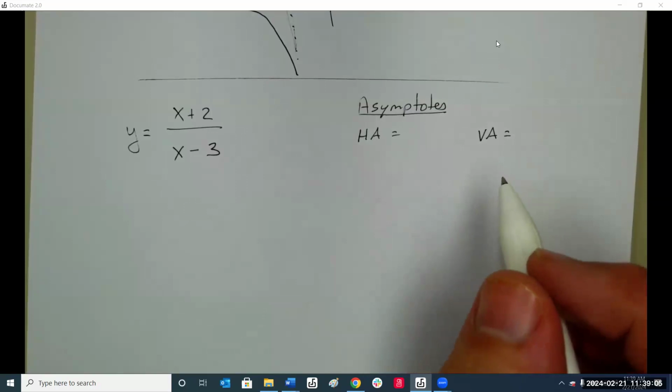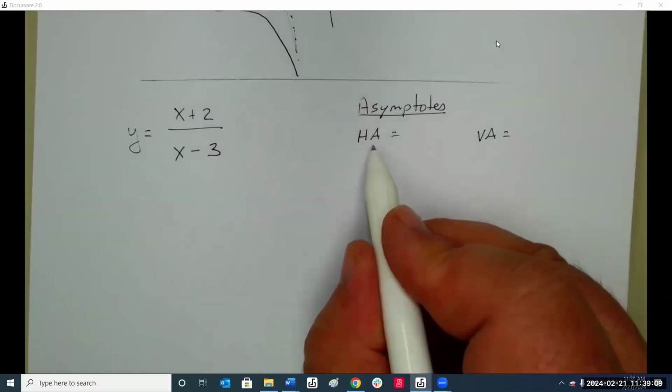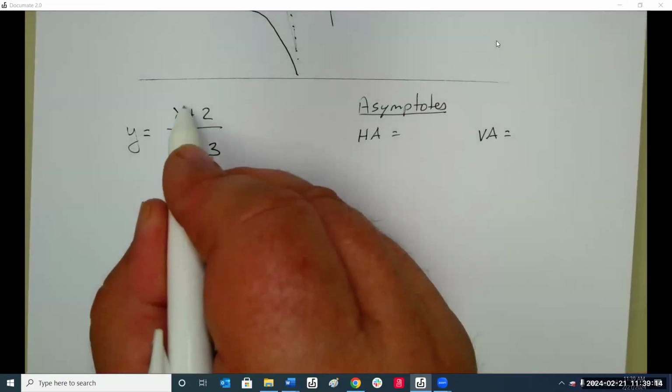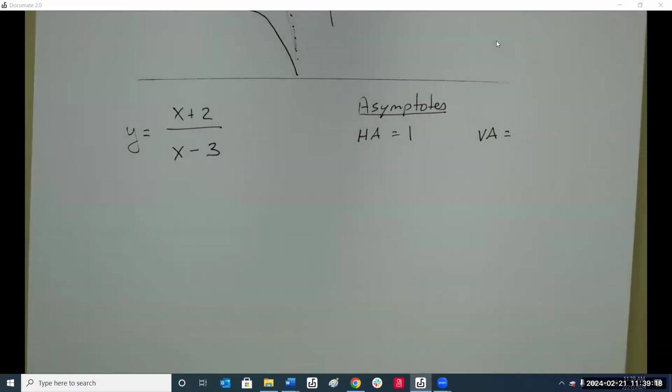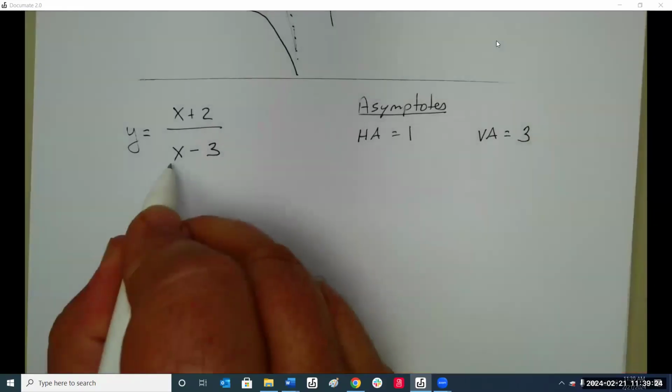So look at the asymptotes. Do we have a horizontal asymptote? Because the degrees are the same, it's the coefficients, so it's 1. Do we have a vertical asymptote? At 3. Set the bottom equal to 0.